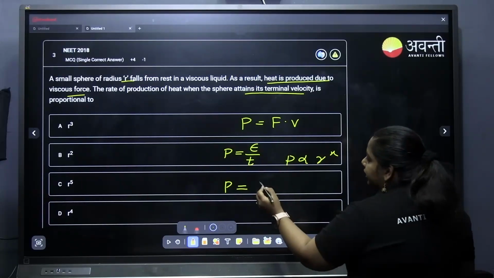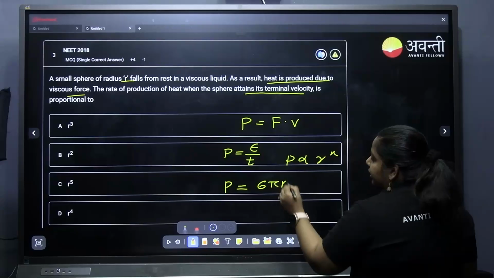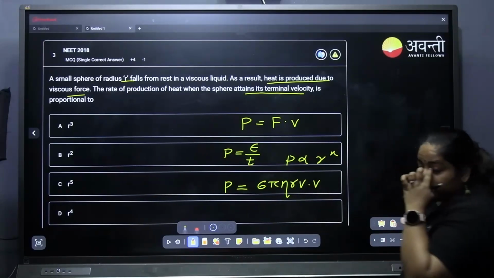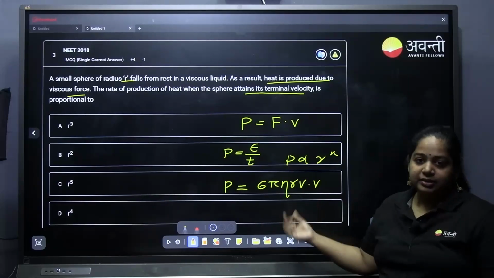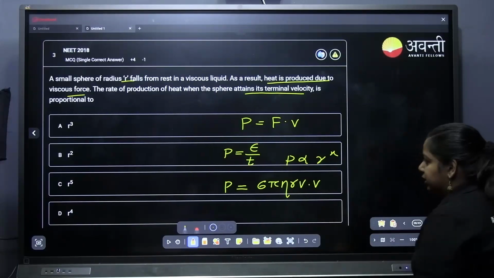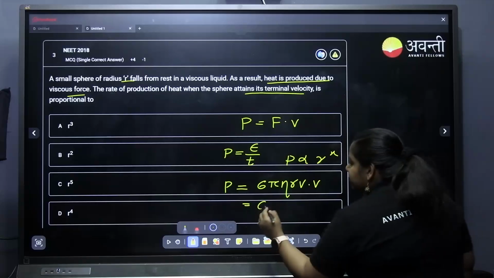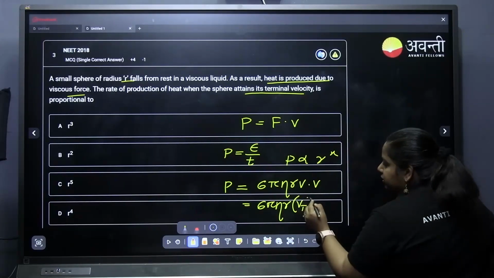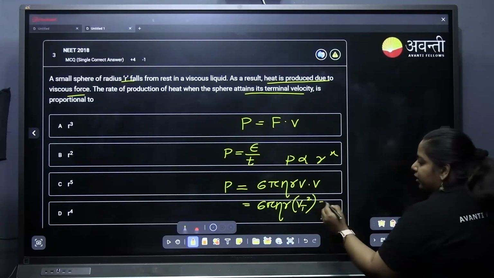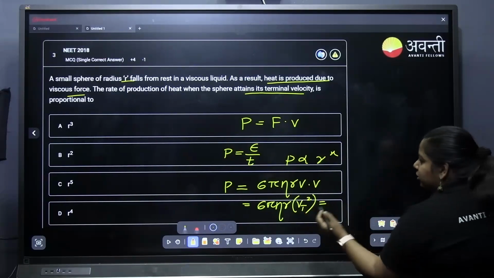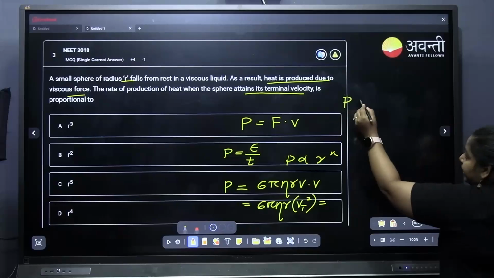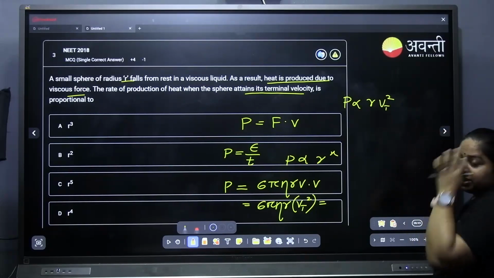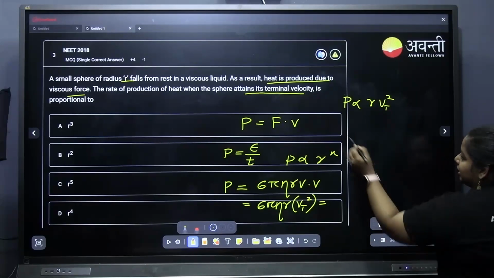Viscous force we already have, 6 pi eta r v, into v. And this is given as a terminal velocity. So at terminal velocity, we have 6 pi eta r vt squared. If we are only taking proportionality, P is proportional to r vt squared. What is the equation for terminal velocity?